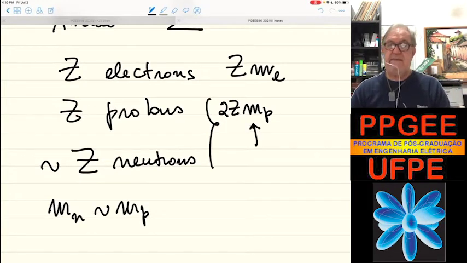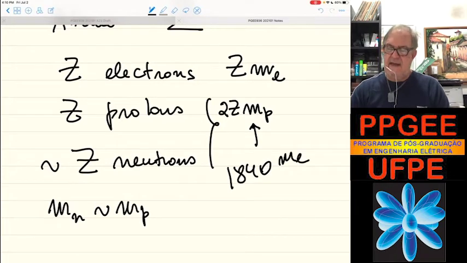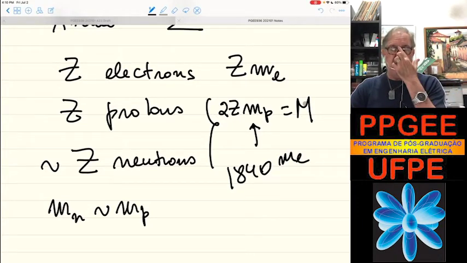But the proton has a mass which is 1840 times the electron mass. So you see that even for a heavy atom with several electrons, Z times m_e is not comparable to the mass of the nucleus. That's the mass of the nucleus, and you have Z times the mass of the electron. So this quantity is very small, and this consideration is going to be important when we make some analysis on the model of many charges.